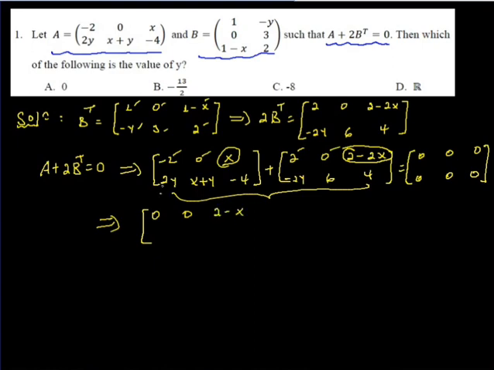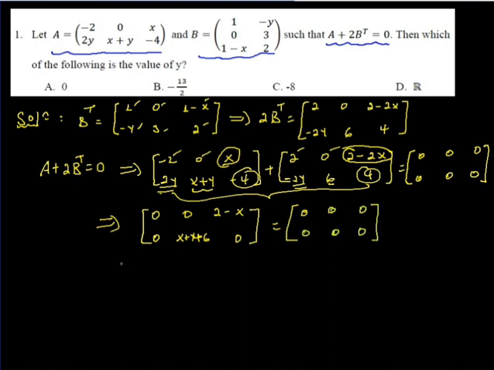Again add plus 2y with minus 2y, it becomes 0. Add x plus y with 6, it becomes x plus y plus 6, and minus 4 with 4 becomes 0. This is the same as the 0 matrix with dimension 2 by 3.